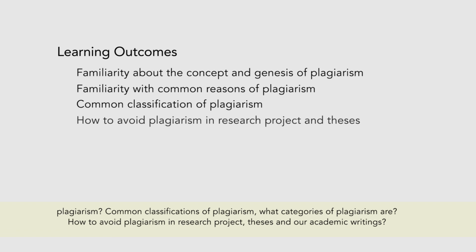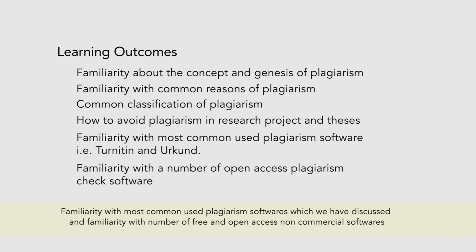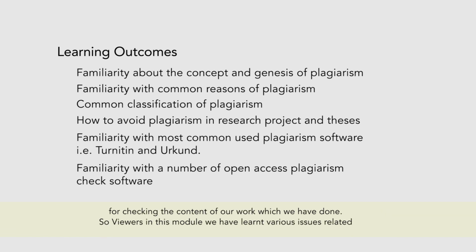How to avoid plagiarism in research, project, thesis and our academic writings. Familiarity with commonly used plagiarism softwares which we have discussed, and familiarity with a number of free and open access non-commercial softwares for checking the content of our work.